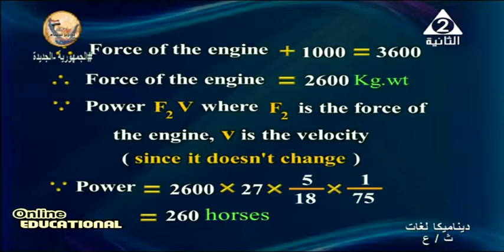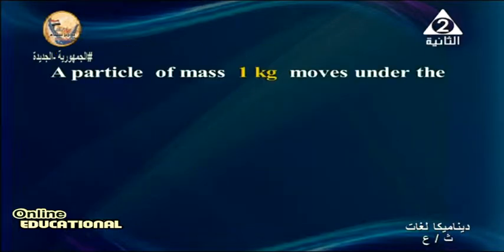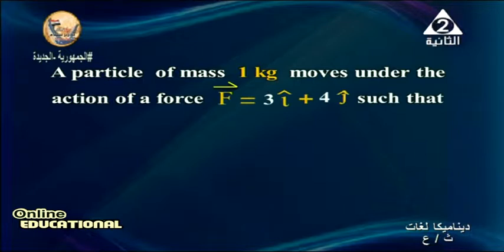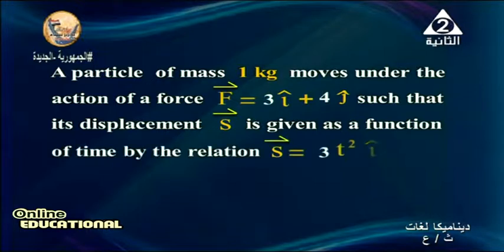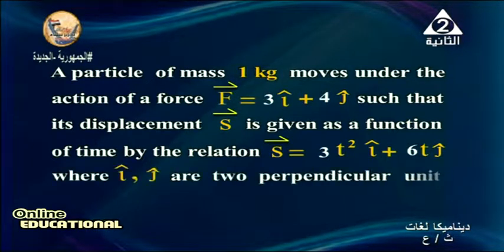Another example. A particle of mass 1 kilogram moves under the action of a force, vector F equals 3i plus 4j, such that its displacement vector S is given as a function of time by the relation S equals 3t power 2 i plus 6t j, where i and j are two perpendicular unit vectors.